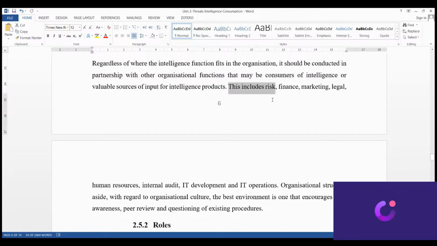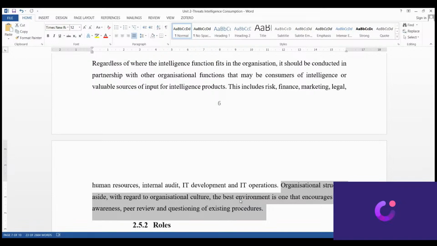So this includes risk, finance, market, legal, human resource, internal audit, IT development, and operations. So organization structure aside, with regard to organization culture, the best environment is one that encourages self-awareness, peer review, and questioning of existing procedures.